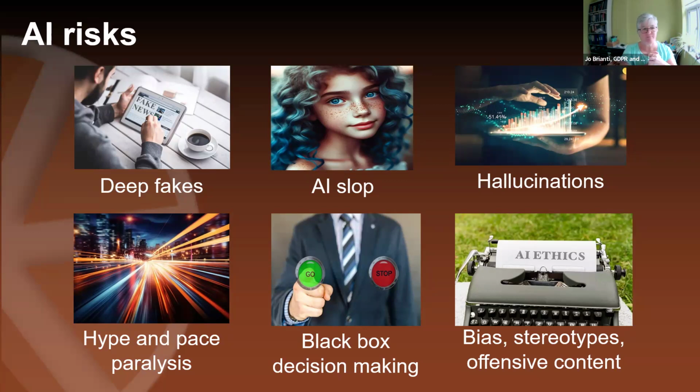Deep fakes. There's a lot of those. Social media is awash with them. And of course, in the recent United States election process, there was the world famous deep fake where Taylor Swift endorsed one of the candidates. That was a fake. It was an AI generated fake.